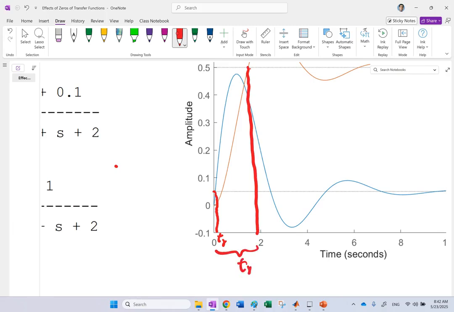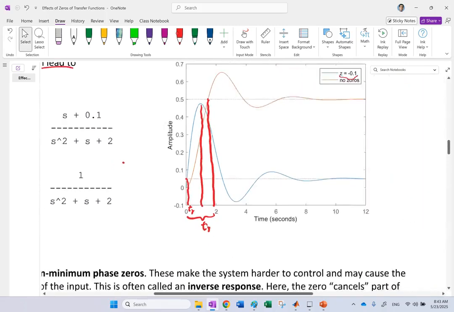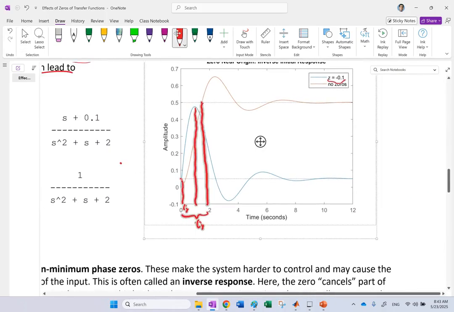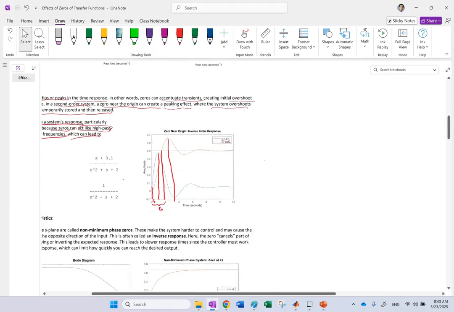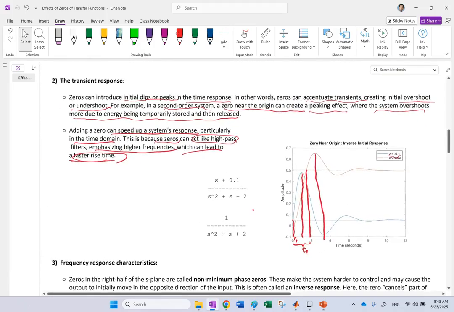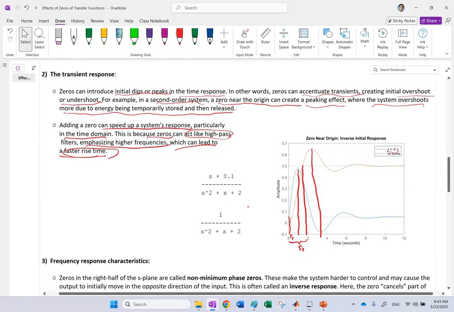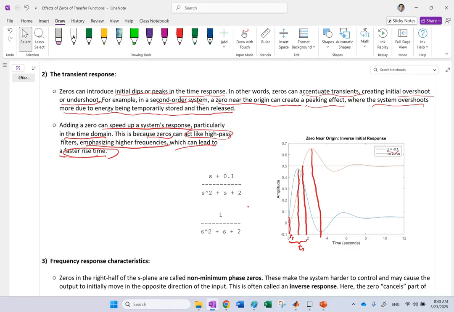Or if you look at the peak time again, this is the peak time for the original system, with the one with the 0, and this is for the one without the 0, the original one. Yes, so you see it clearly makes your rise time or peak time smaller at the cost of overshoot, because you can never make a system that reaches the final value very fast without overshooting it more.